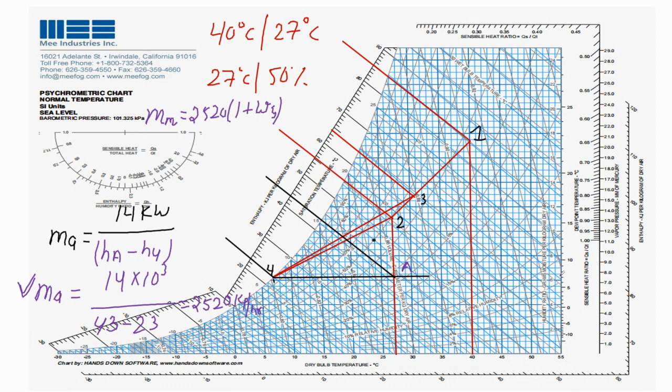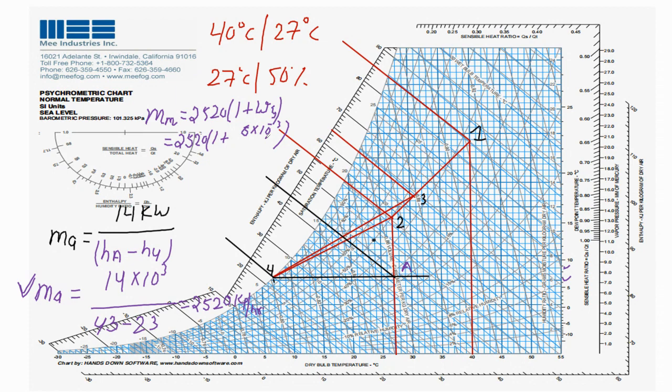It is around 6.2 gram per kg. So we convert it: 2520 into 1 plus 6 into 10 raised to power minus 3, because this is in gram per kg.